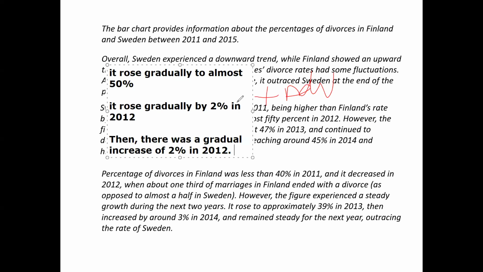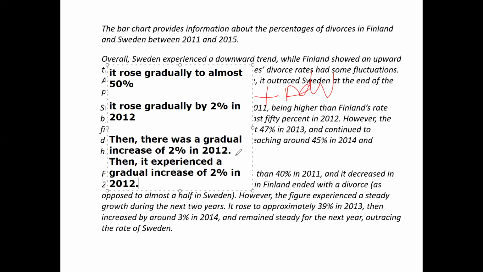Or you can say then it experienced a gradual increase of 2% in 2012. Can you see now? I have mentioned all three structures. Depends on you which structure you want to write, you can write it.